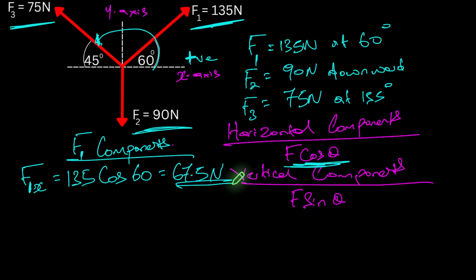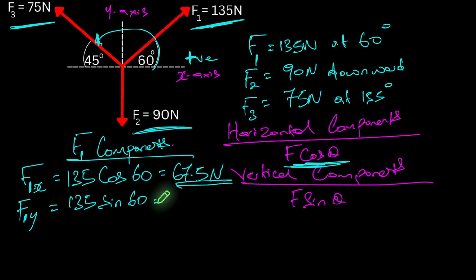We're going to do the same thing again for F1, but this time it's F1y, which is for the vertical component, and we talked about what components are. So we'll do 135 again for the force because it's the same force, and instead of cos we say sin, and the angle is 60 degrees.